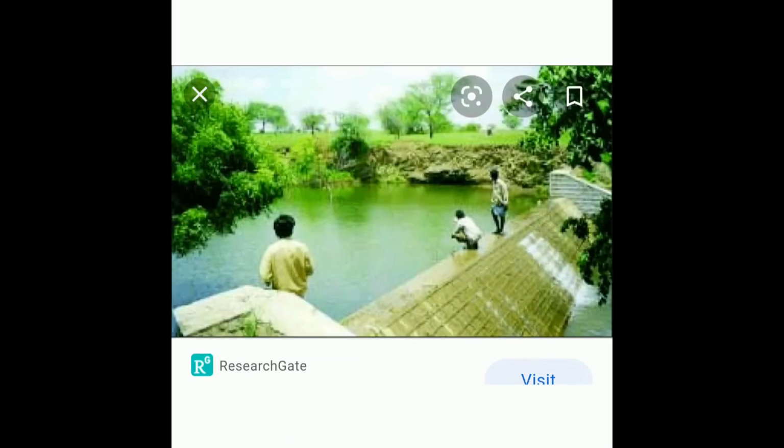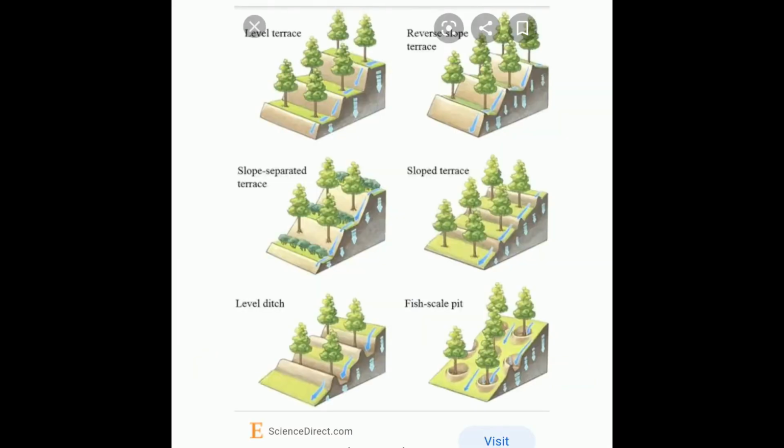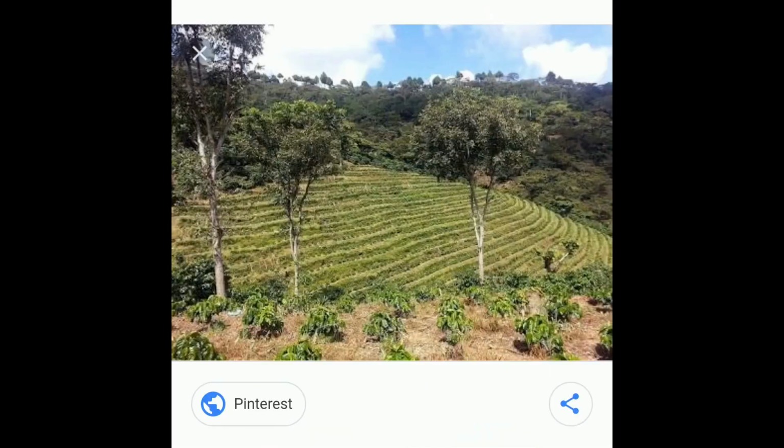And the third one is contour farming. Look at the picture. In hilly areas, because of the slope, soil and water easily run to the foot of the slope. By making rows or steps around the hill, the rainwater can soak into the soil.